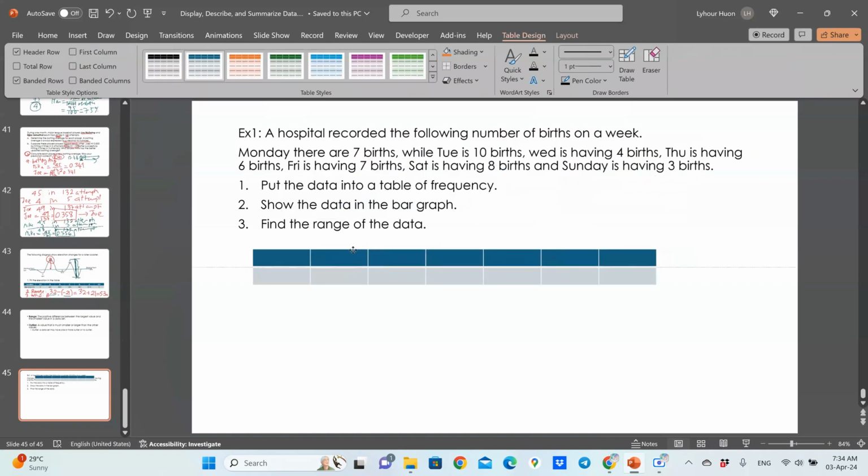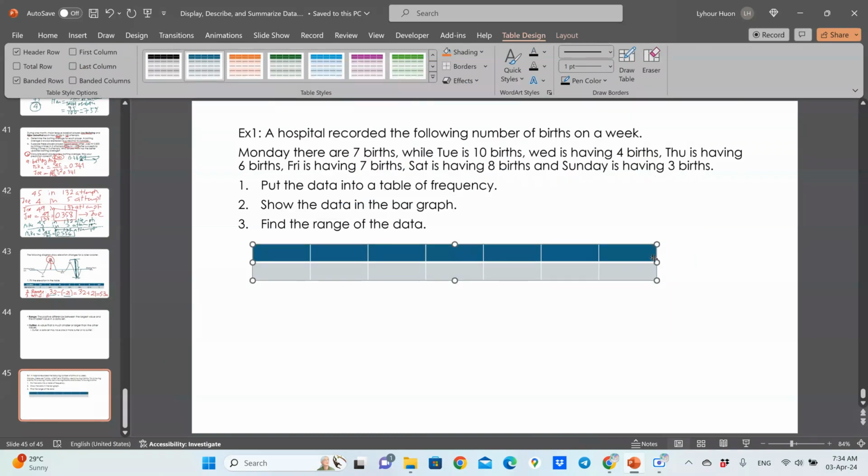So what are their categories? The categories are days and births. Okay, day of birth, right? How about the other row? How many births?